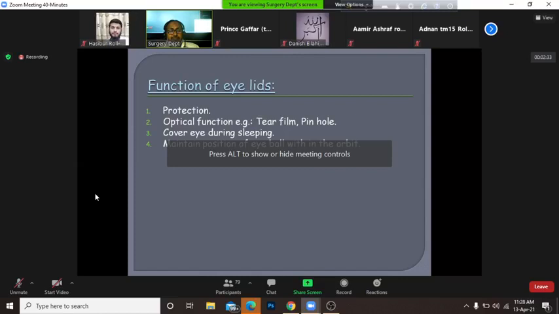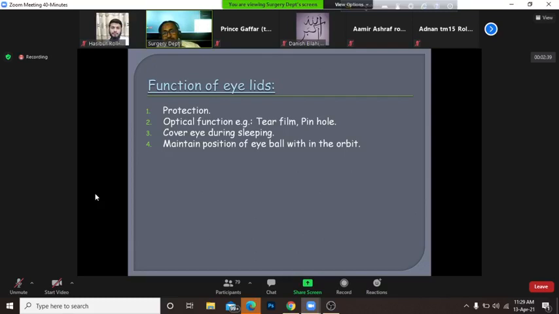Like a windshield that is cleared by moving, our eyelids also do that all the time during the day, when we work, read or write.